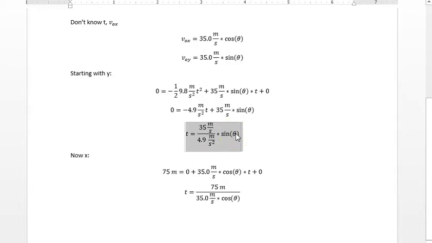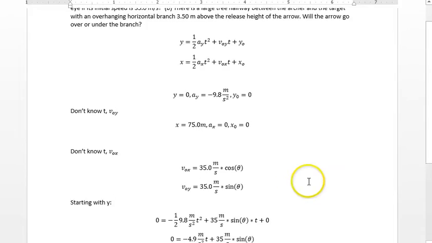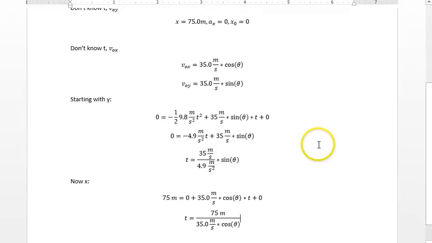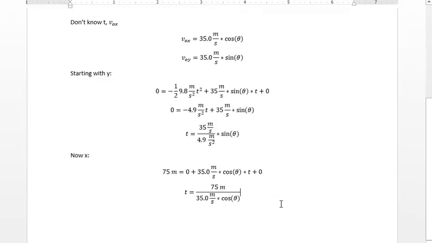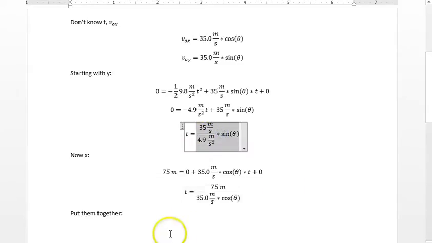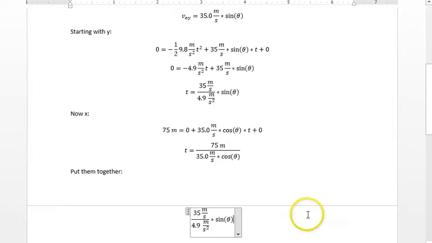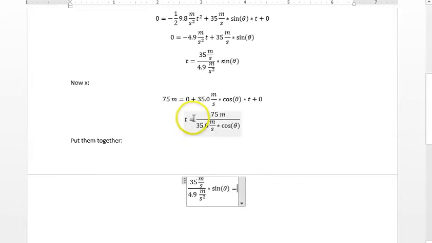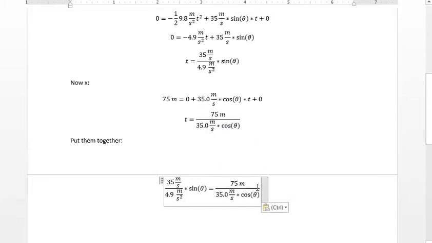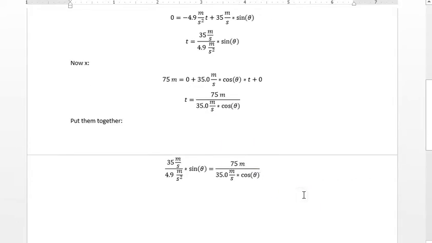We still don't know theta, the angle we fire the arrow at. This is the time based on the x bit, and here we also come down to an unknown theta. And what we're after in the problem is at what angle. So what we're going to do is put them together, and say this equals this. These are both the time that the problem takes place over. Those are both times.